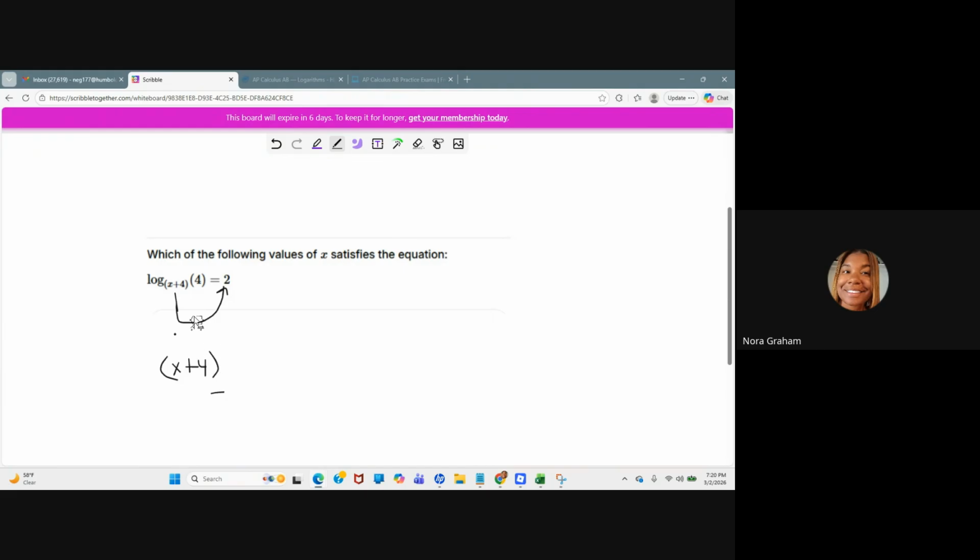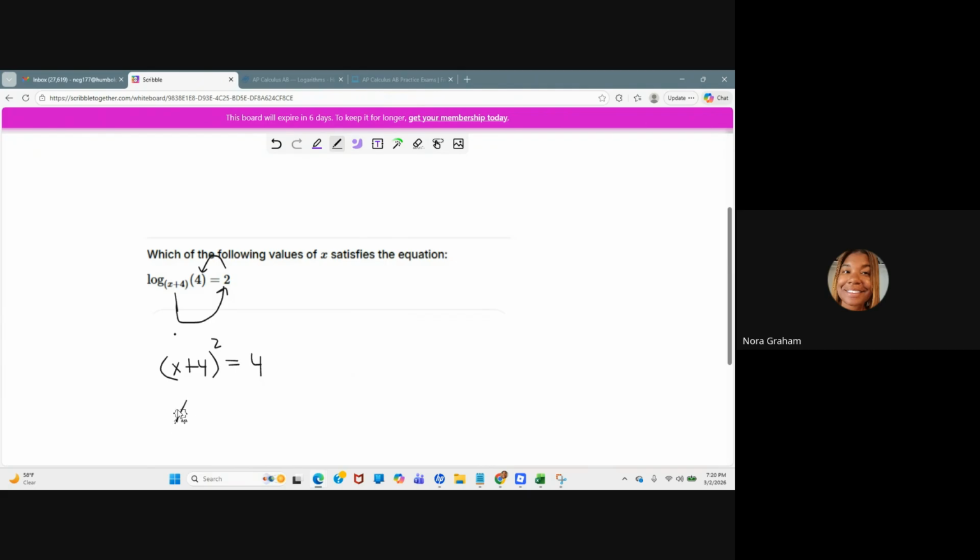Then when I loop it over, what it's equal to is going to be my exponent. And when I finish my little circle, I land on what it's going to be equal to. Now that I've written it out like that, all I have to do is solve for x.